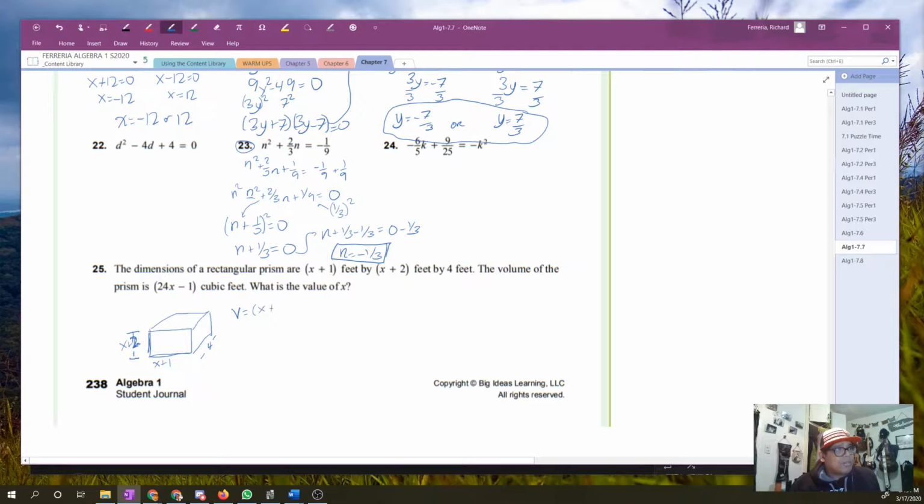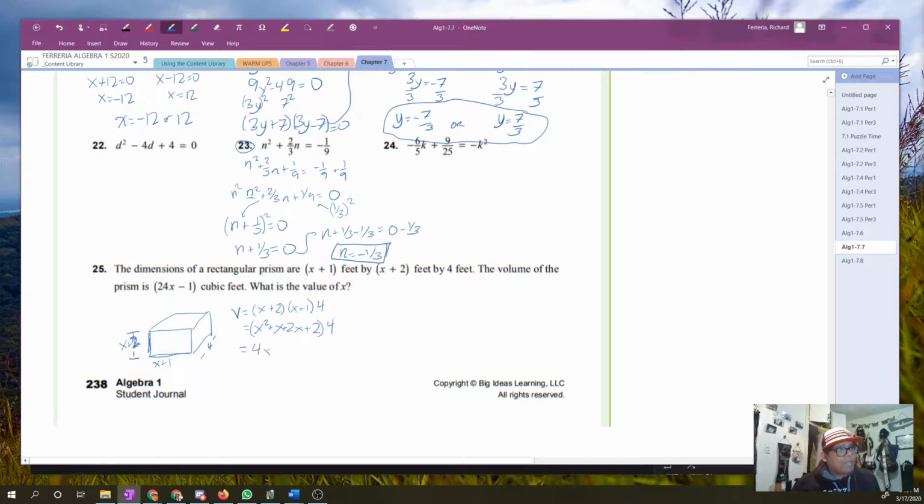x plus 2, x plus 1, and 4. Okay, FOIL. x times x is x squared. x times 1 is 1x. 2 times x is 2x. And 2 times 1 is 2. And then we're going to take that and multiply everything by 4.